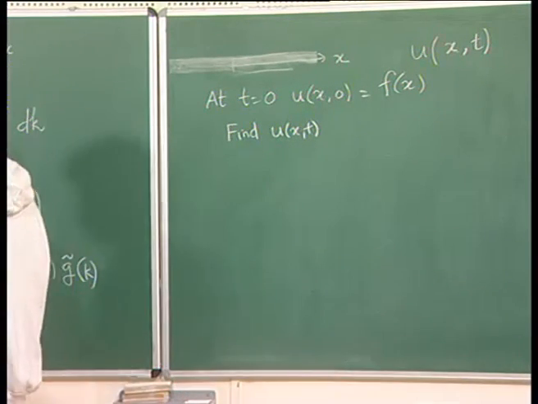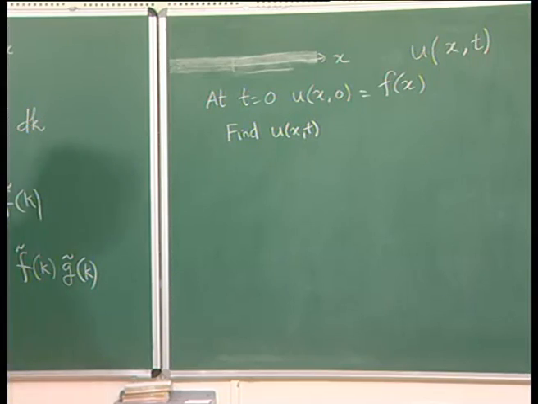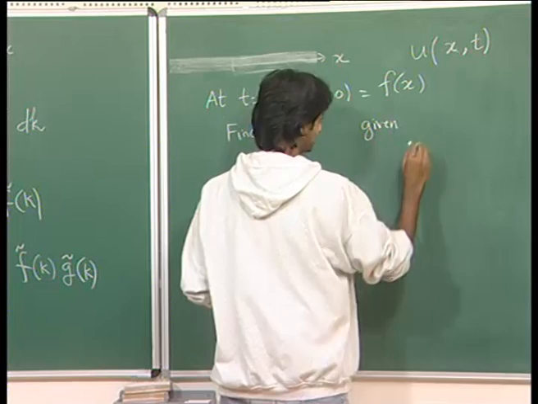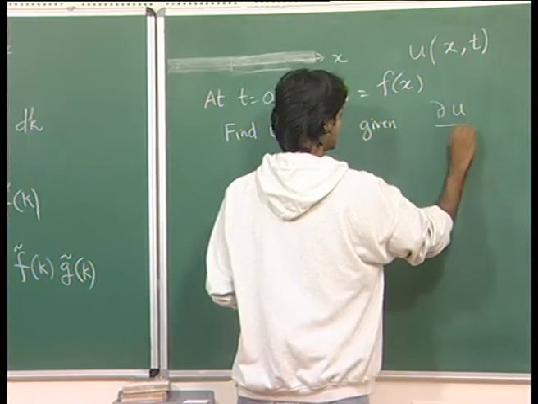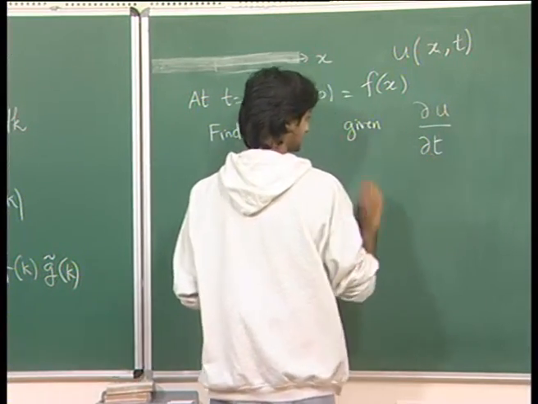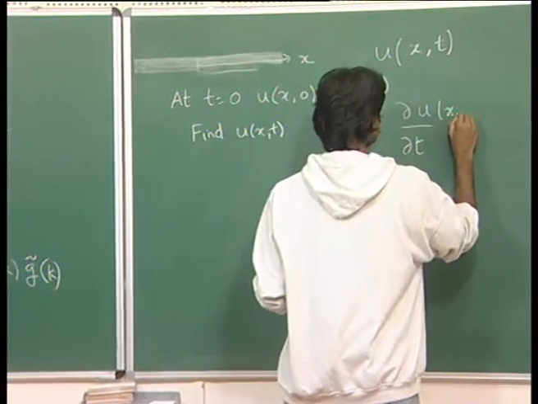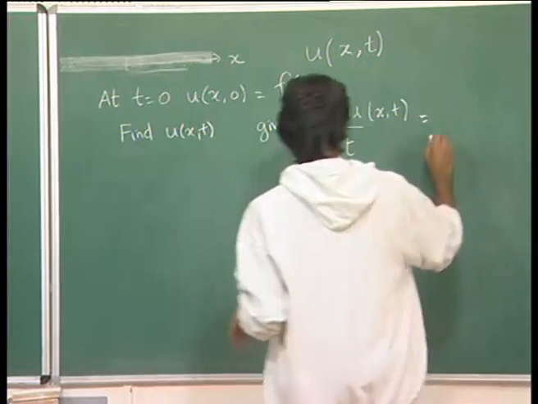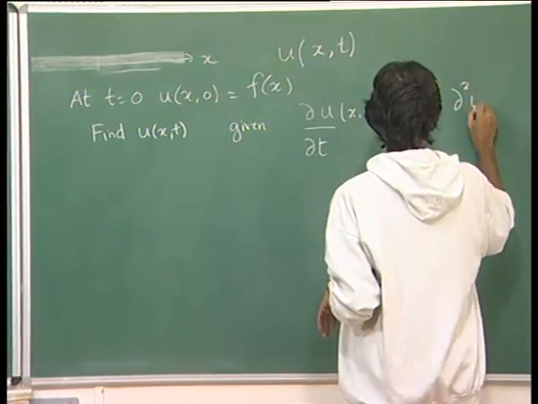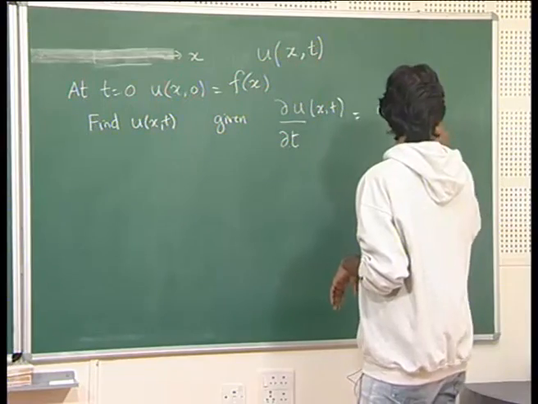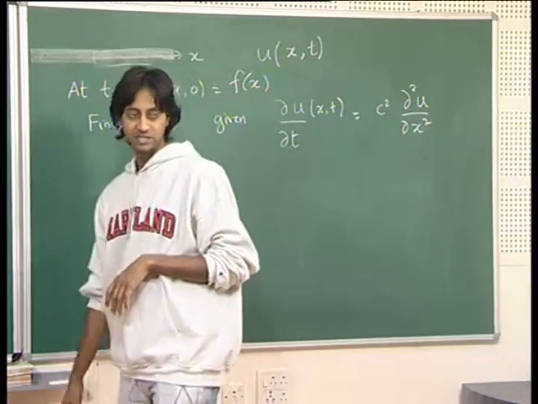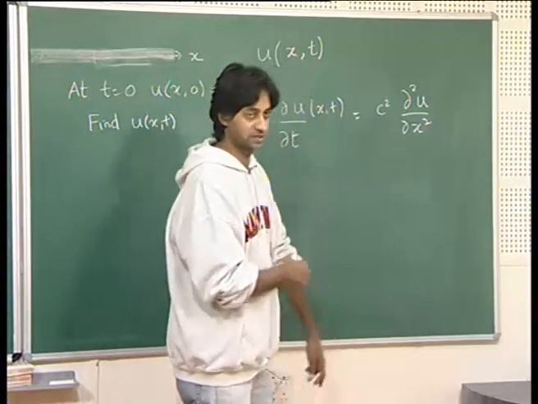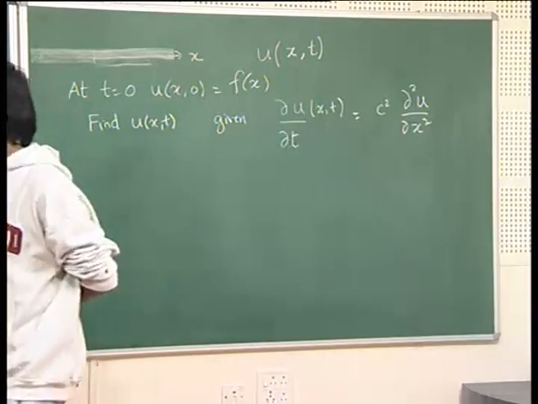In order to do this you should know how u of x, t varies, and you are told that the equation of motion says that the rate at which heat flows out, at any point, is given by c square dou square u by dou x square. So, this is the Fourier's law of heat conduction, which says that the rate of flow of heat is related to the gradient of temperature, or the second derivative of temperature.